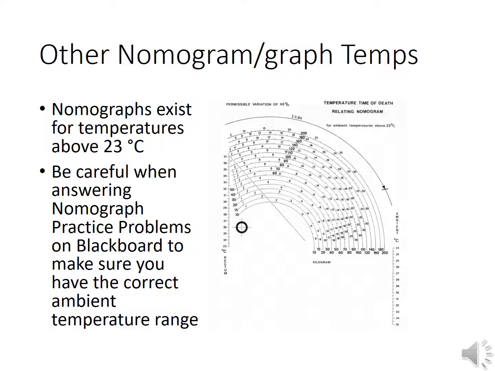The one thing to be aware of is some of those involve ambient temperatures above 23 degrees Celsius, and therefore you would need to use this graph, which is also available as a download on Blackboard under the Chapter 2 folder. So we more commonly use the one up to 23 degrees Celsius, which we use for both our examples here in this video, but just realize there are other ones out there, and there are even some problems on our Blackboard site that involve the above 23 degrees Celsius variety.